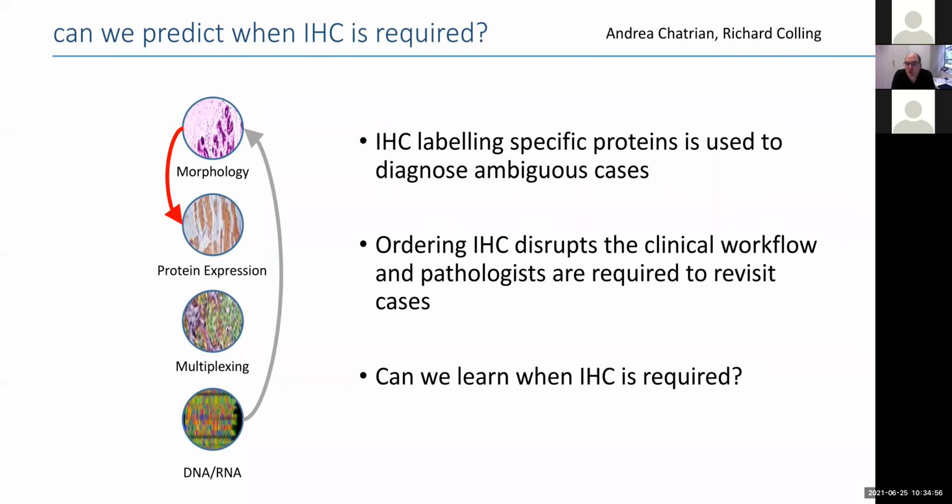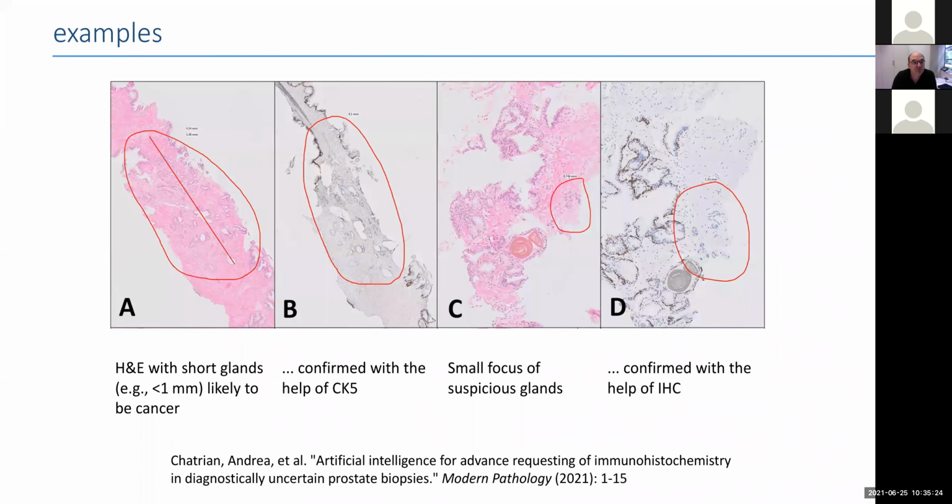But one problem is that this disrupts the workflow. We studied this in the context of prostate cancer. Imagine somebody looks at a case and says, well, now I need IHC. The case goes back to the lab, and a couple of days later the slides come back. And the question we asked here is, can we learn to predict when IHC is required?